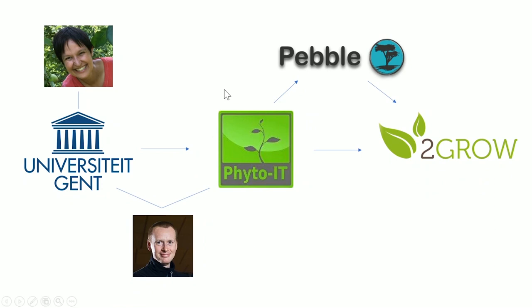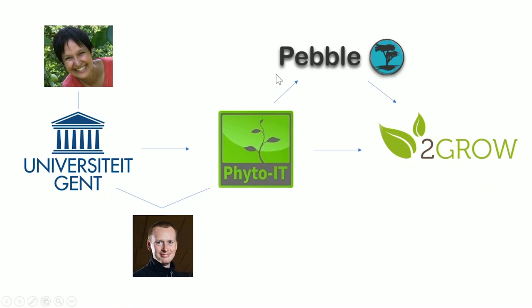From this research, Phyto-IT started, a sort of spin-off with the University of Ghent that tried to distribute the systems commercially. However, he tried this, but unfortunately he failed somewhat. He tried for 3 years, but only got 5 customers. That commercial talent was not really his thing, I guess.